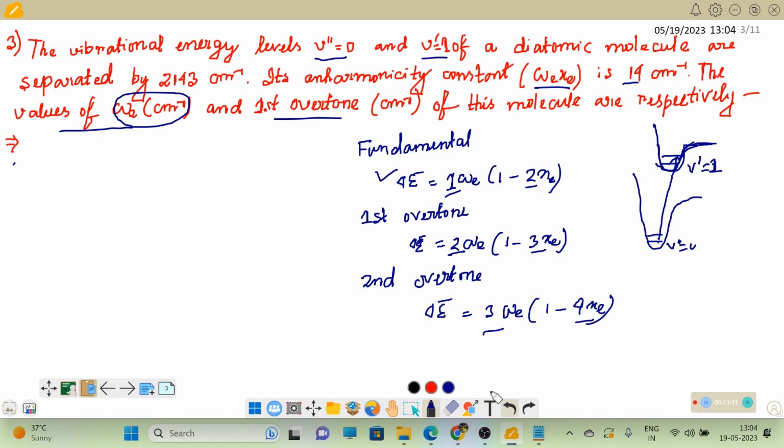It is not logical, but I remember it like this. You can remember fundamental, first overtone, second overtone, and the hot band, which is one hot band, has an energy gap equal to omega E, 1 minus 4 xc.